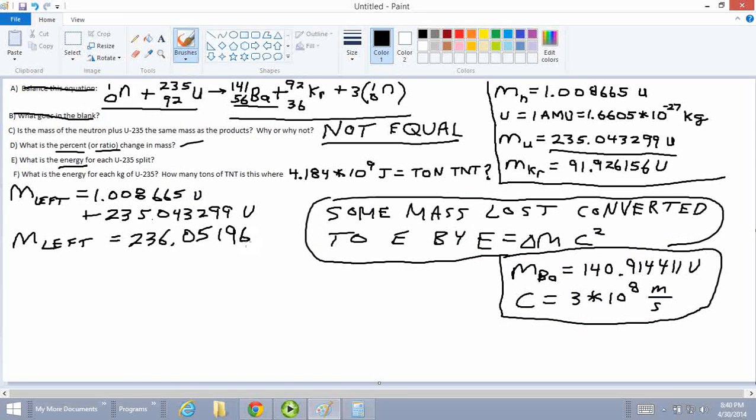Now we're keeping a whole bunch of digits because we're taking the difference between two big numbers. To be precise in the difference, we have to keep lots of sig figs for a while anyway.